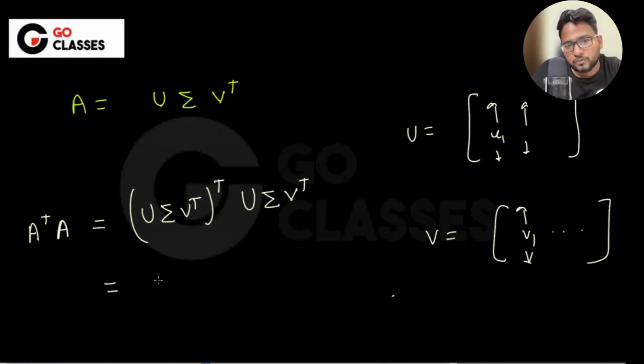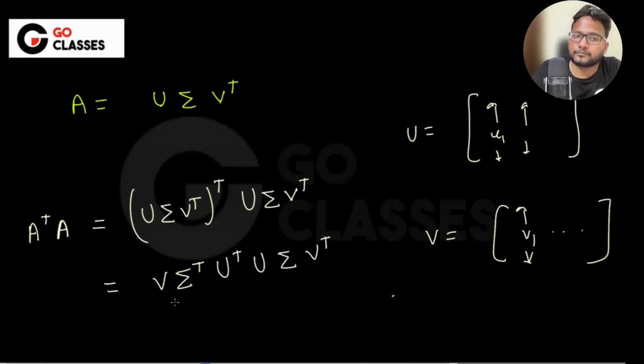This is equal to V sigma transpose U transpose, and then U sigma V transpose, right? Is this okay to everyone?